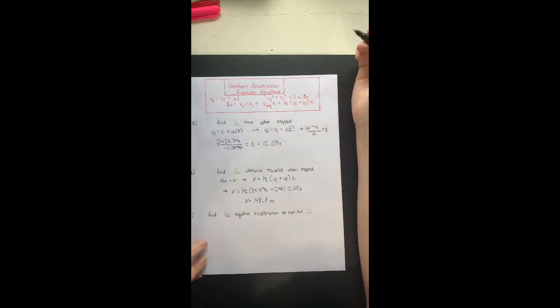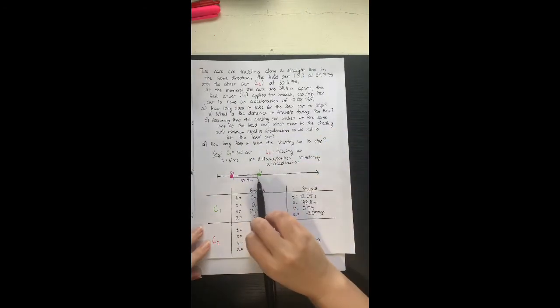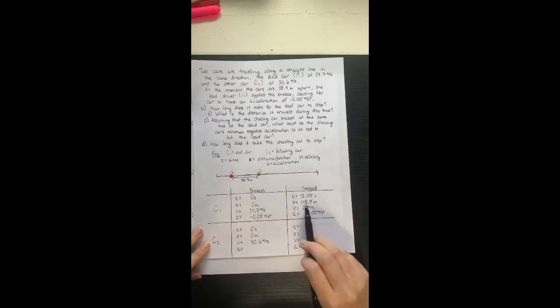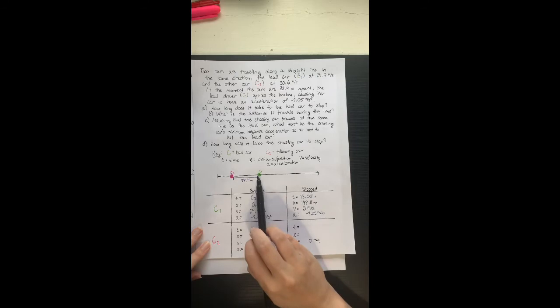What we can do then to figure out our distance, well, we know, looking back at this paper, C1 and C2 are 38.4 meters apart. We also know that C1 stopped 148.8 meters from its initial 0 position.